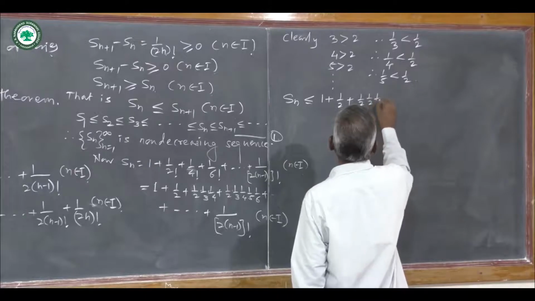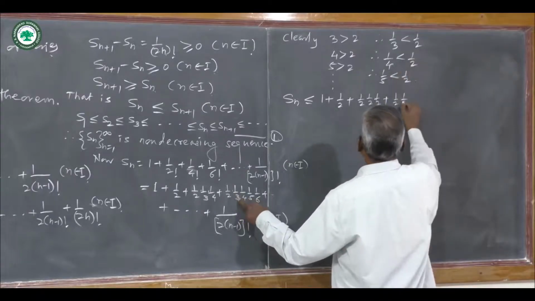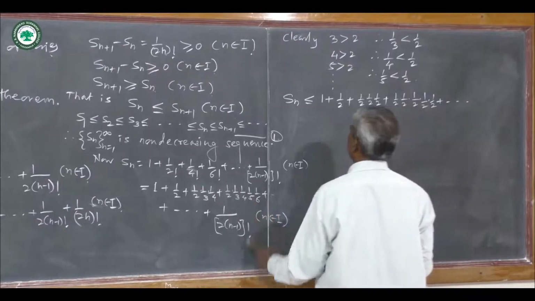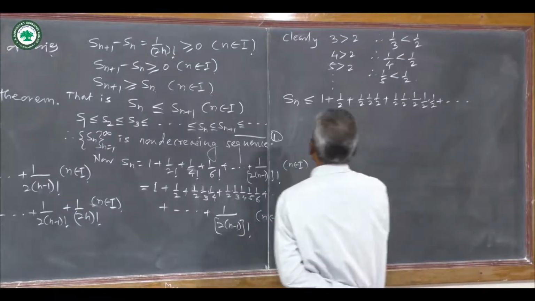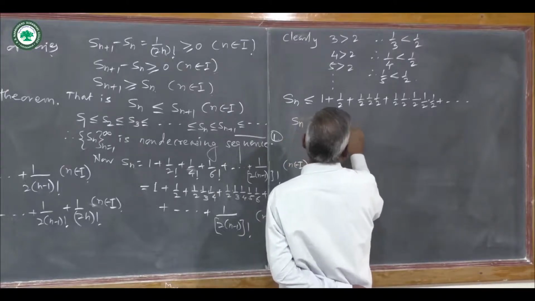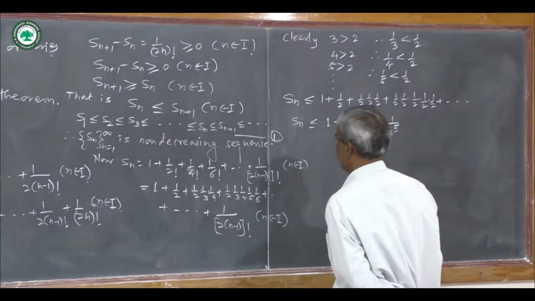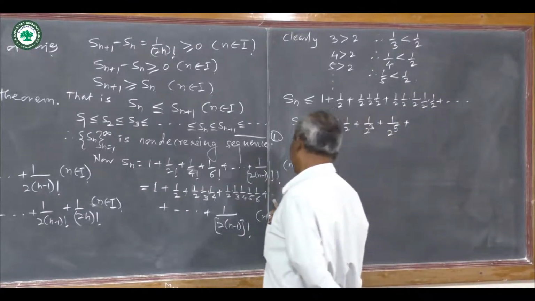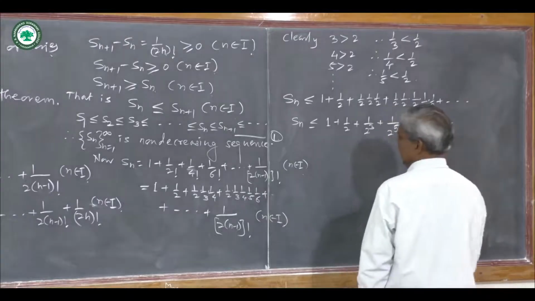So Sn is less than or equal to 1 plus 1 by 2 plus 1 upon 2 raised to 3 plus 1 upon 2 raised to 5 plus 1 upon 2 raised to 7, and so on.